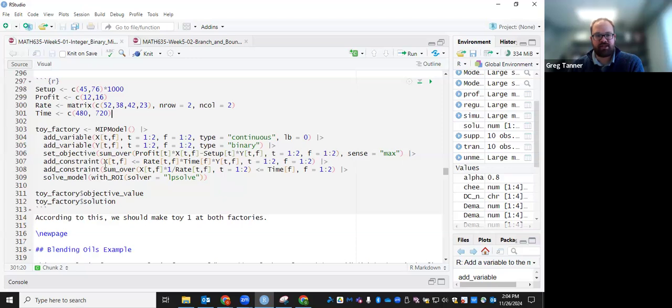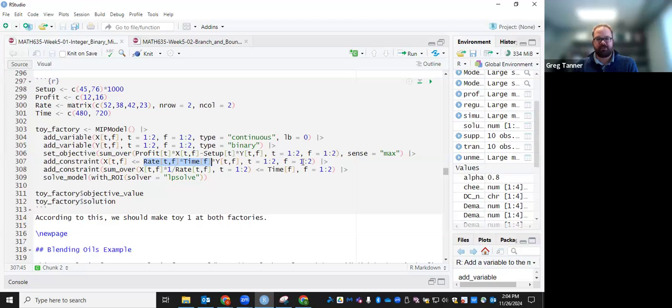This constraint is my turning on and off the X and Y variables together. And so the XTF is less than or equal to, this plays the role of my big M, which is the maximum that I could produce at any factory, times YTF. T equals 1 to 2, F equals 1 to 2 as well.